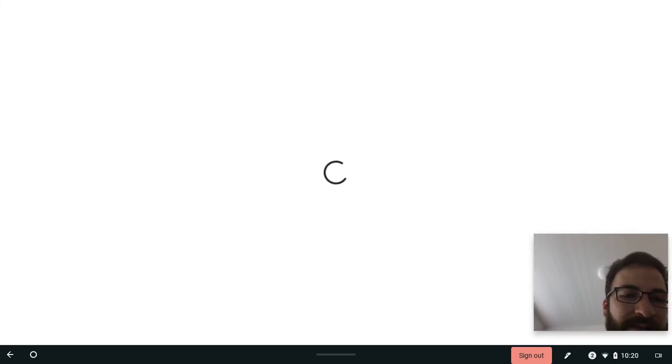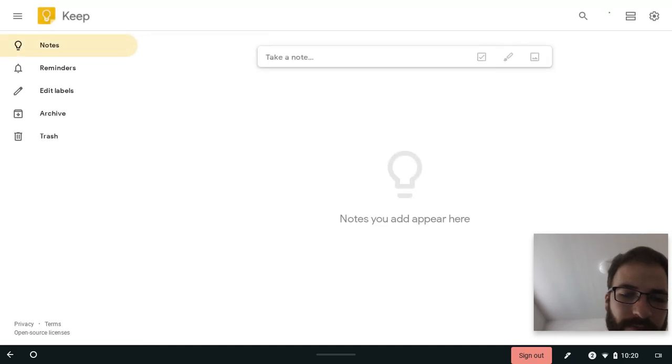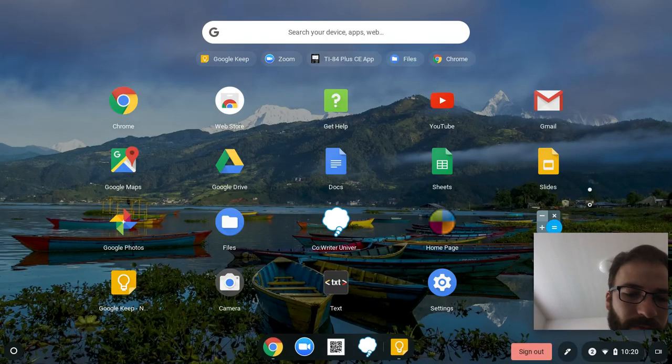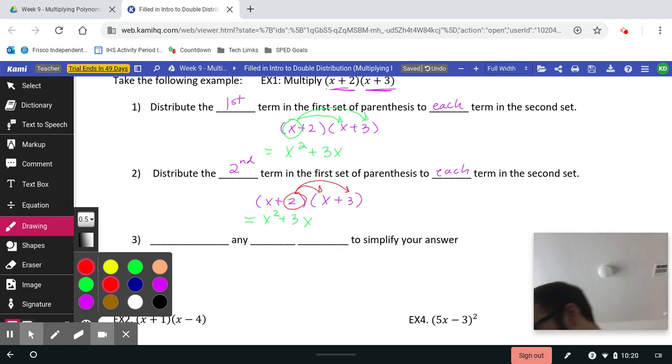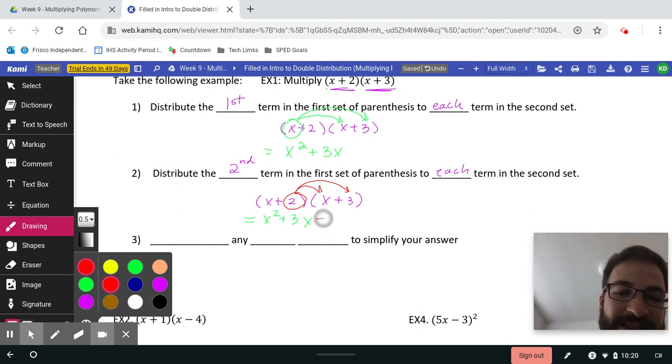We already got our first piece to be x squared plus 3x. So now we're going to take this second term, 2, and distribute 2 to x and to 3. So 2 times x is 2x, and 2 times 3 is 6.